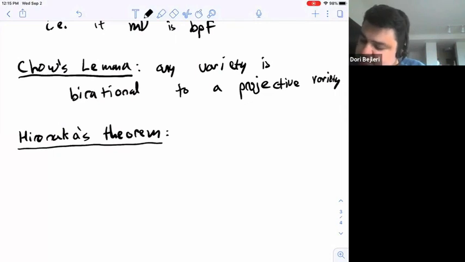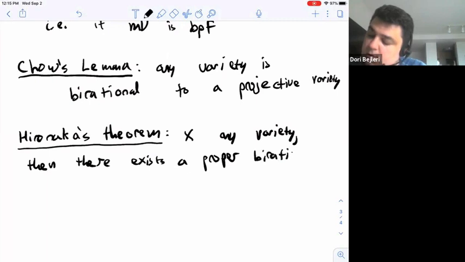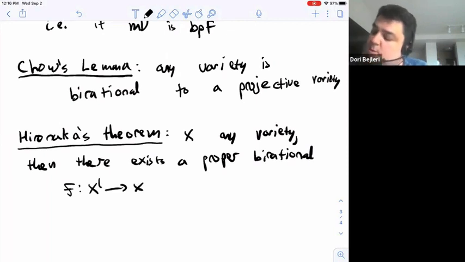But the weak form says if X is any variety, then there exists a proper birational morphism from X prime to X, where X prime is non-singular.